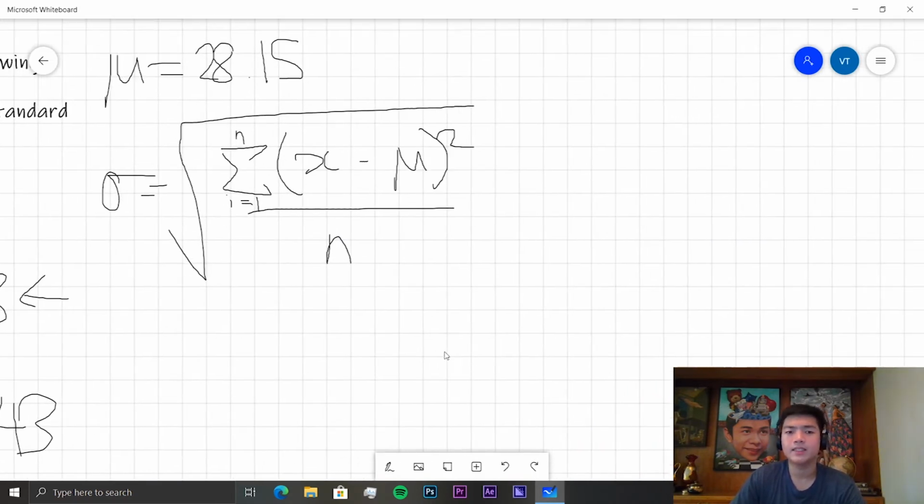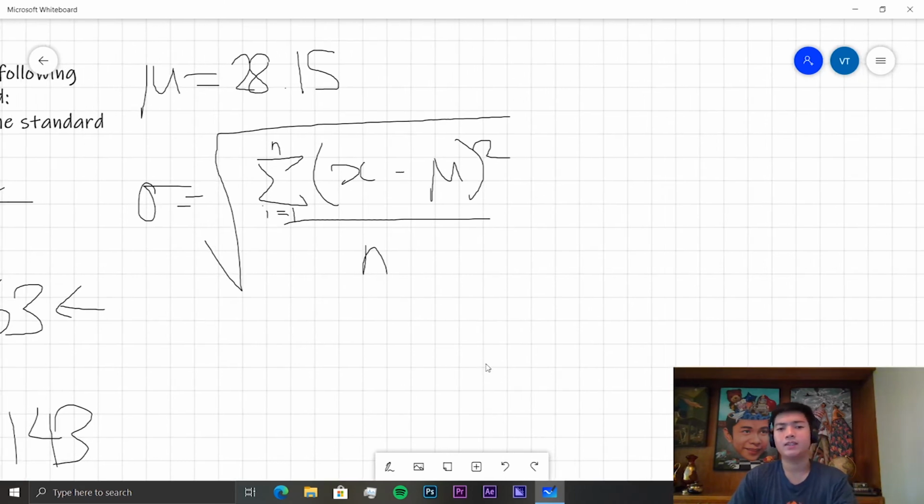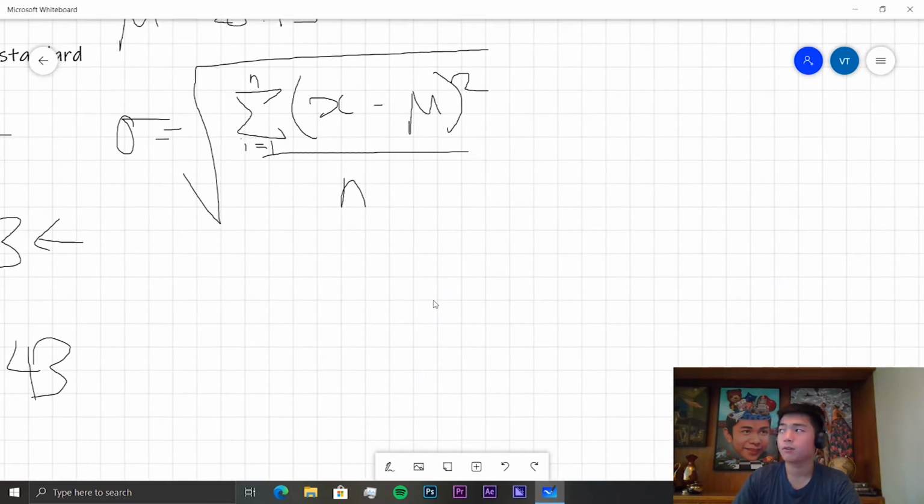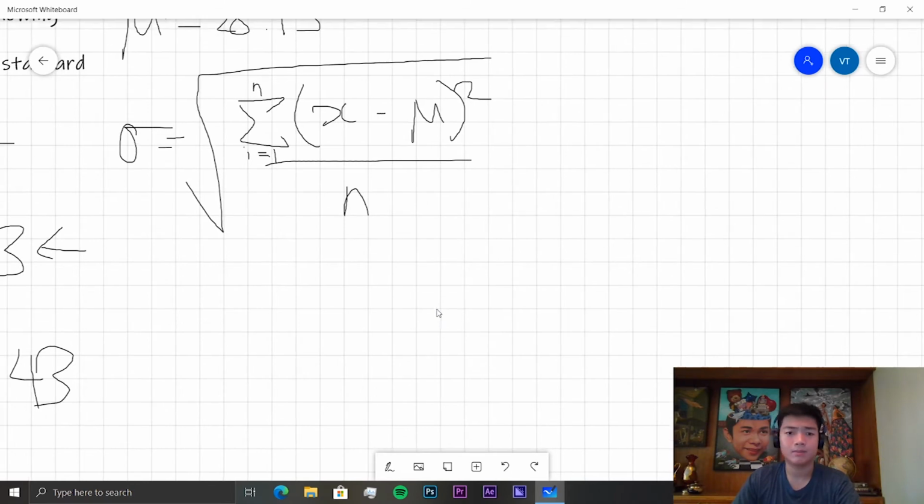And the thing is, there is a little trick you can use here. The trick is that this is actually equal to the sum of the squares minus the square of the sums, I believe.